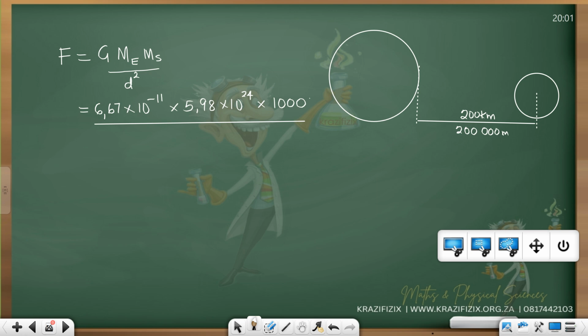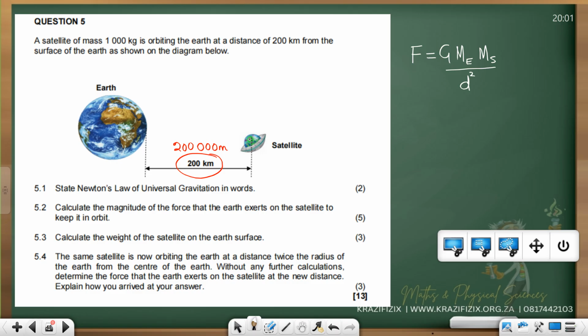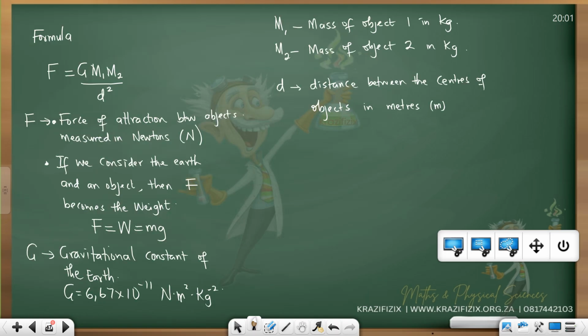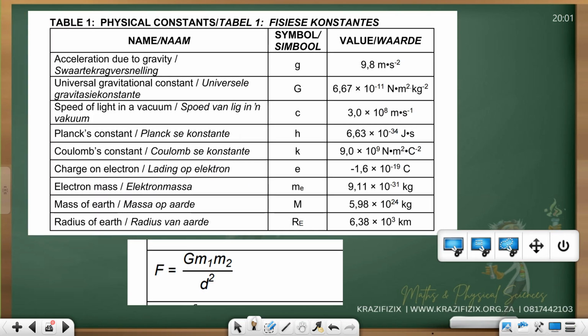says, just give me a few seconds. The law says that what? I want to go back to the law to show you. Look at D. D is the distance between the centers of the object. The centers.